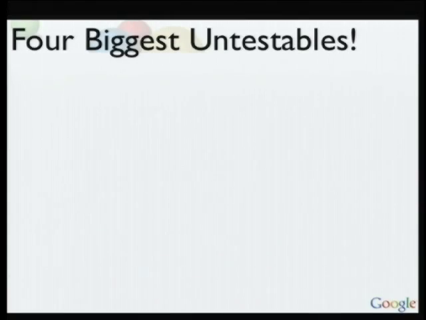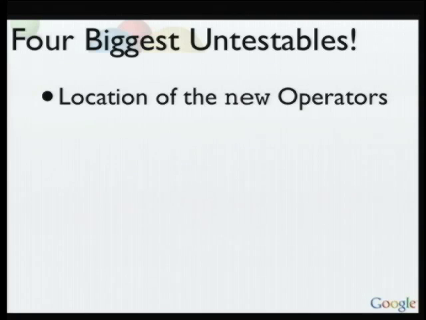So there are four biggest untestables, as I call them, and this is what we're going to talk about today. They are the places where you place your new operators will totally determine whether your code is testable or hard to test. And how many of you actually actively think about where I'm going to place the new operator inside of my code base? Okay, some of you.